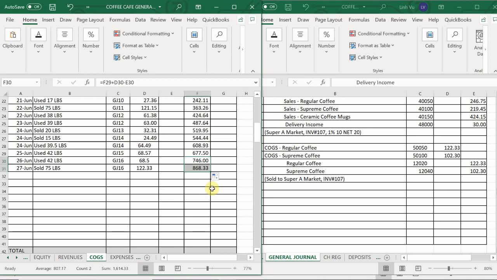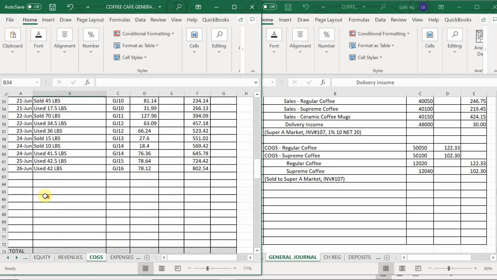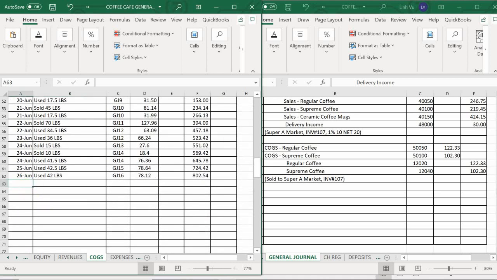And next is our cost of goods sold for Supreme. We sold 55 pounds. General Journal 16.